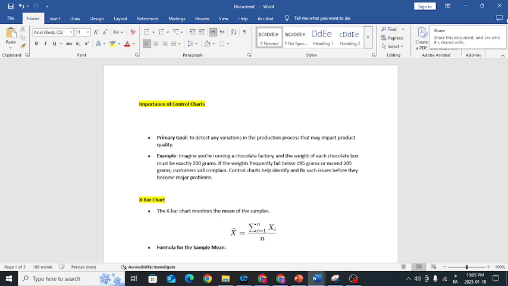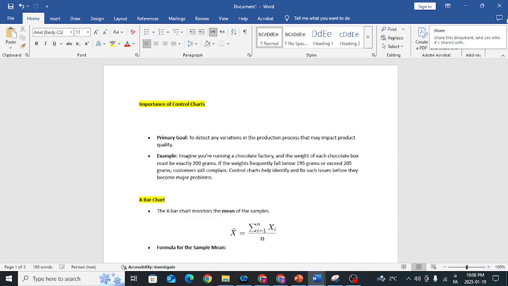In the previous lecture, we explored the statistical foundation of quality management, focusing on tools like the probability density function, PDF, the cumulative distribution function, CDF, and the probability mass function, PMF.